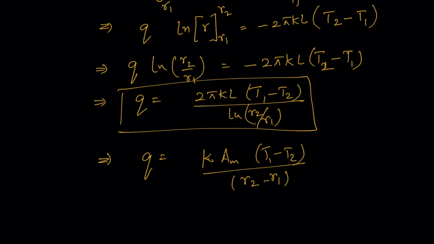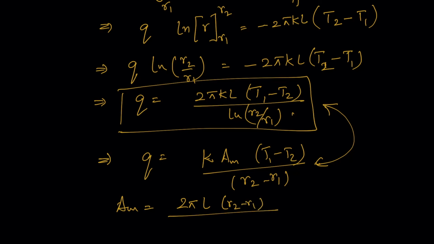So if you compare both these, you can find the value of Am, and Am you will get as 2 pi l into r2 minus r1 divided by ln r2 by r1.